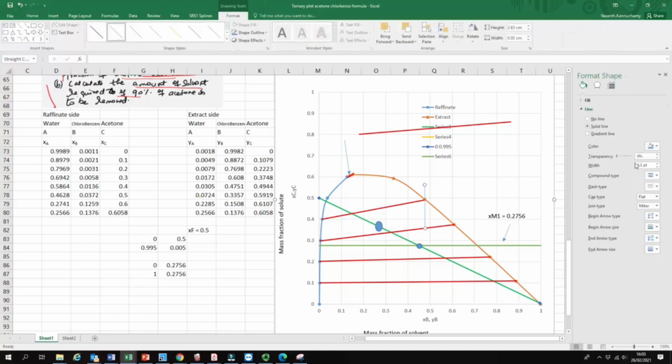Just follow the light blue, and it's a very thick line. And then we have to draw a horizontal line. So you do the same one here.